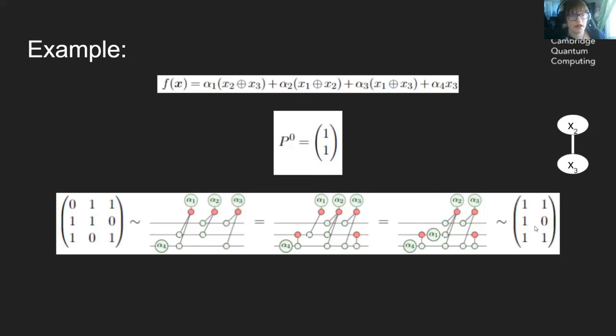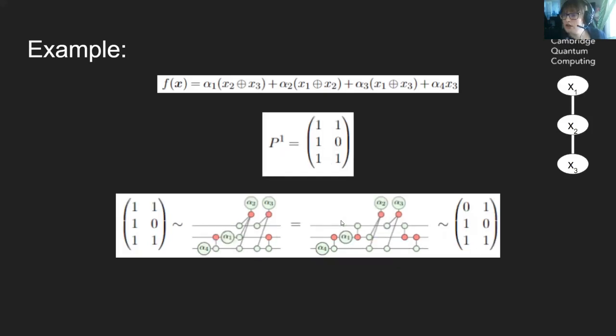Now what you can see is that this is our P1 before, this is our P1 now. So synthesizing this P0 matrix also changed our P1. But that's what we want. So we have our new P1, right?